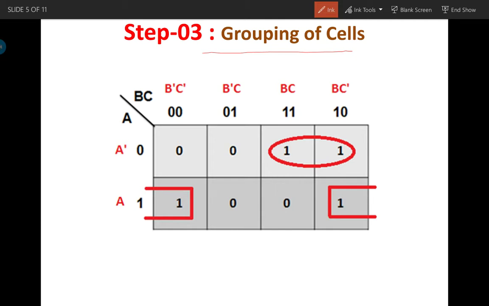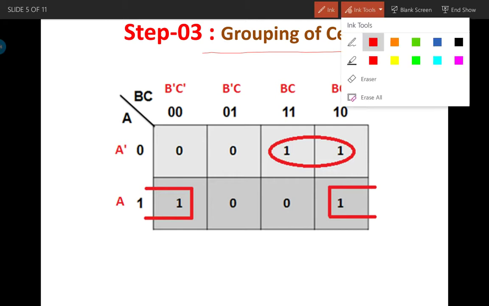Let's recap slightly the rules for grouping. The major rule is that we group only ones, our effort is to make the groups as large as possible, and all the ones should be covered, right? Accordingly we will make the grouping.